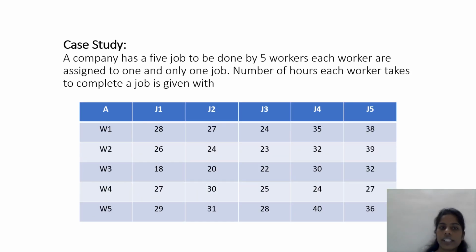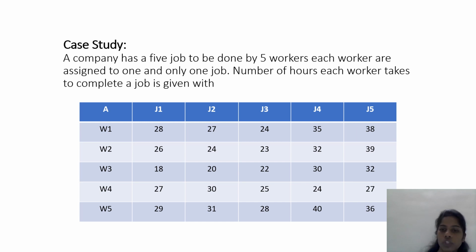Here is one case study. A company has 5 jobs to be done by 5 workers. Each worker is assigned to one and only one job. The number of hours each worker takes to complete a job is given. Here is the total number of jobs and total number of workers.